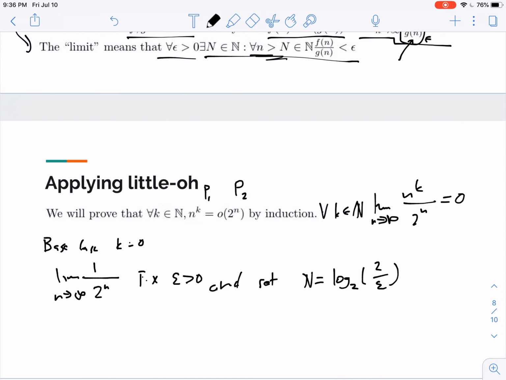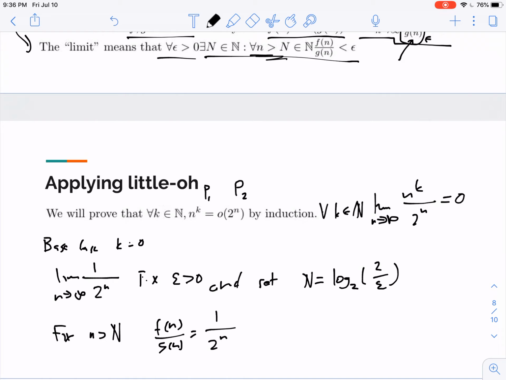f of n over g of n is less than epsilon. Well, again, we'll fix some little n greater than big N. Then f of n over g of n just equals 1 over 2 to the n.